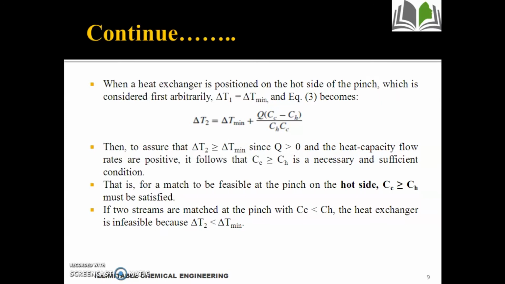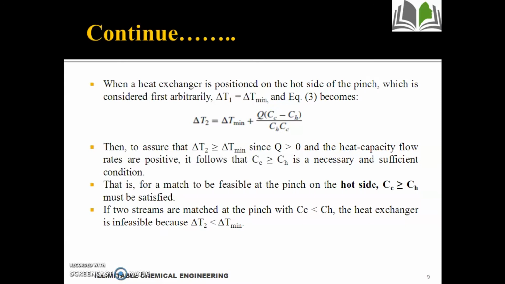To assure that delta T2 is greater than or equal to delta T minimum, since Q is greater than 0 and the heat capacity flow rates are positive, one condition must follow: Cc, the cold stream heat capacity flow rate, should be greater than or equal to Ch, the hot stream flow rate.